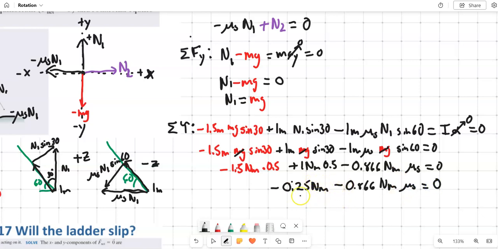These two are negatives, so you could just make those positives. But either way, we've got to add that. So we could actually just make these two positives: 0.25 Newton meters plus 0.866 Newton meters mu sub s equals 0.